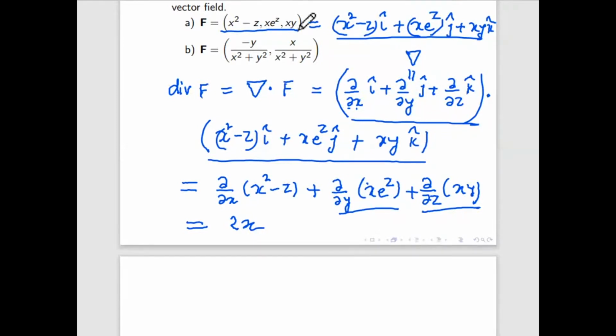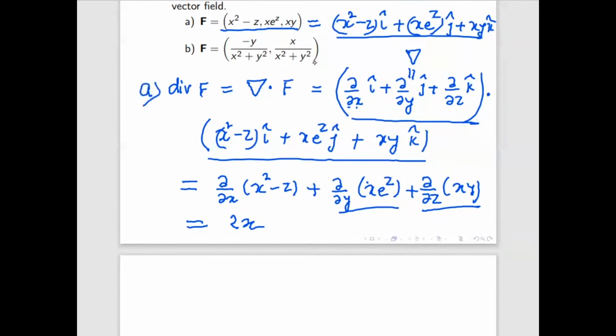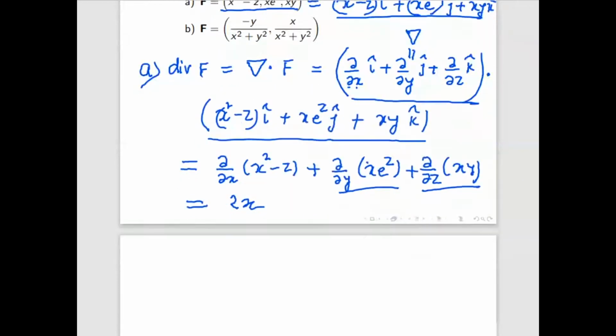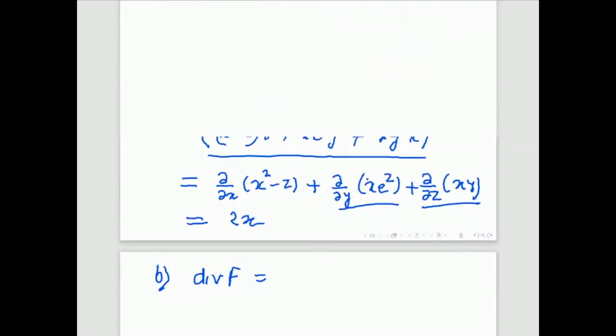Can you find the divergence of part B? It is the same thing, but here only two components are there. So this was part A, and now part B, the divergence of F, because here it is a vector in R2.